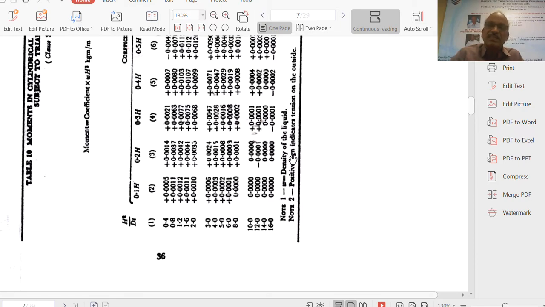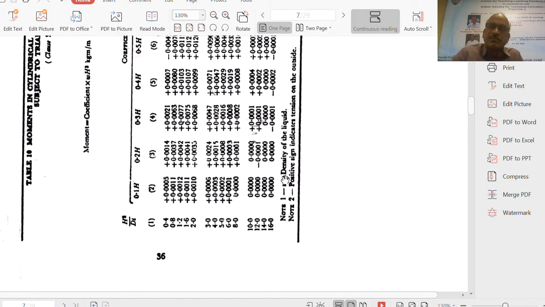When the thickness is less than 200 mm, you provide steel only on one side, so which side to provide is also indicated here. W stands for the density of the liquid, given here in kilogram per meter cube. If we substitute the density in terms of newtons, it will be newton per meter cube. Accordingly, we have to substitute the density of the liquid in terms of newtons.